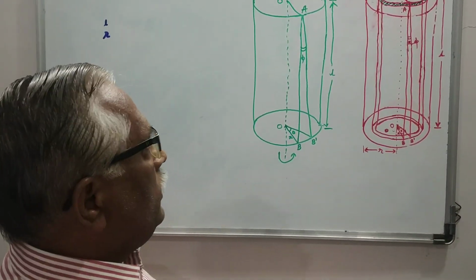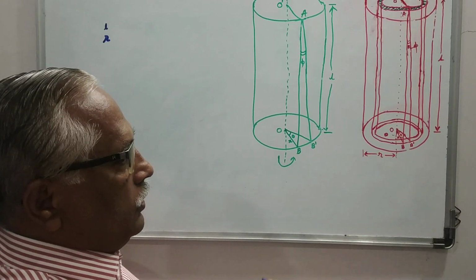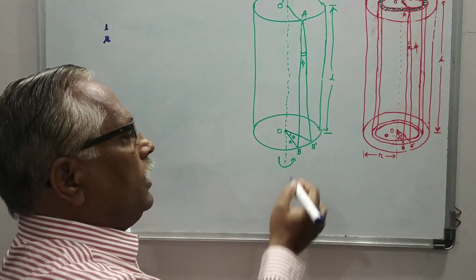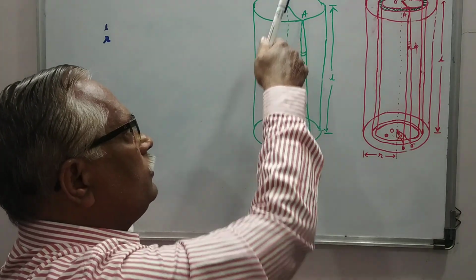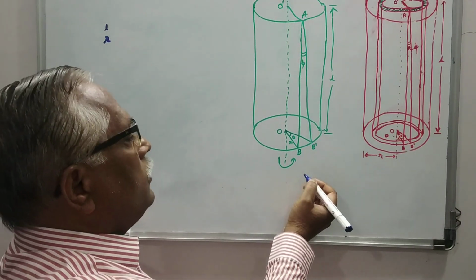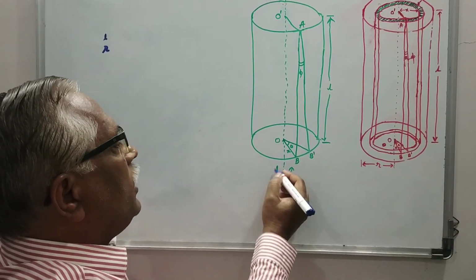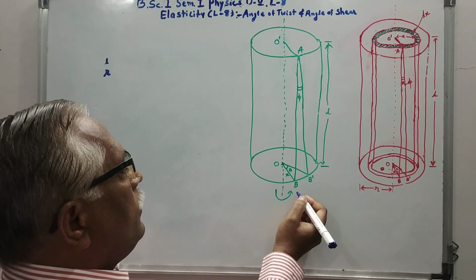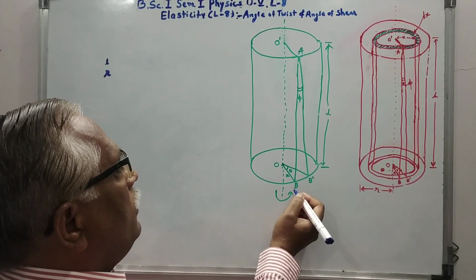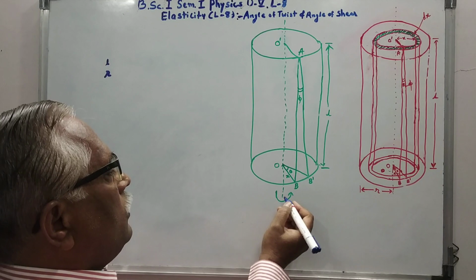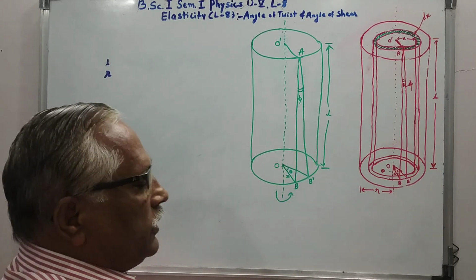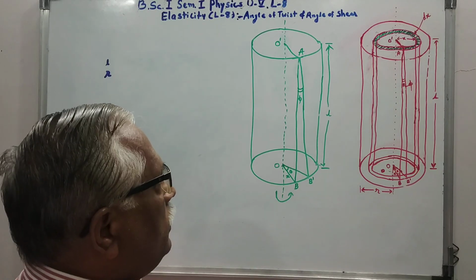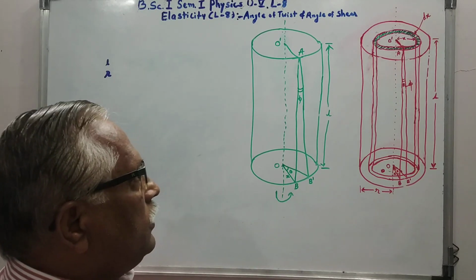One end of the rod, the upper end, is fixed vertically, and some external torque is applied at its lower end, and twisting of the rod will take place about the axis of the cylinder OO dash.